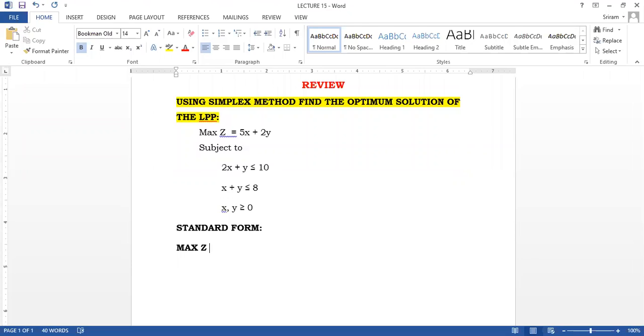I am going to take all the variables to one side. When I take the variables to the opposite side, this will become z minus 5x minus 2y equal to 0.